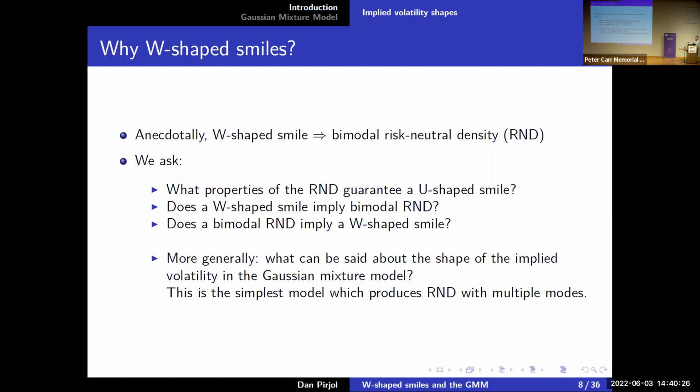And more generally, what can we say without any calculations? If someone gives you the shape of the implied volatility, someone gives you the Gaussian mixture model, which is a generalization of the situation with multiple outcomes, different scenarios with different probabilities, what can you say about the shape of the implied volatility smile?